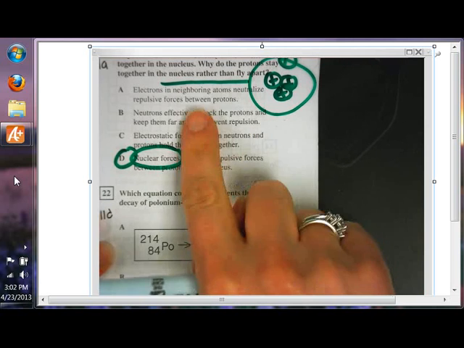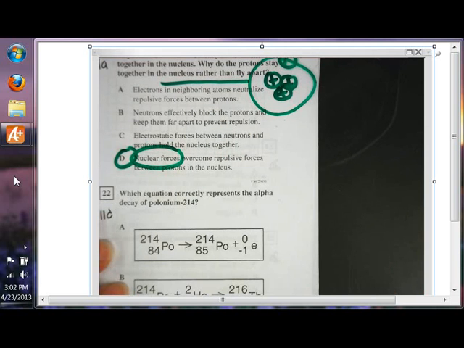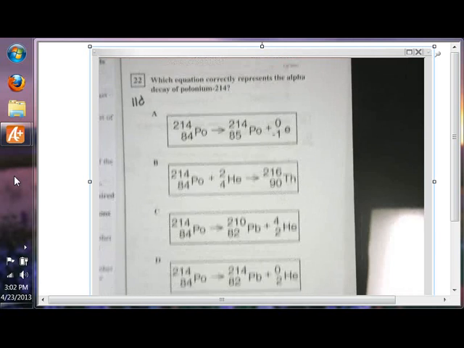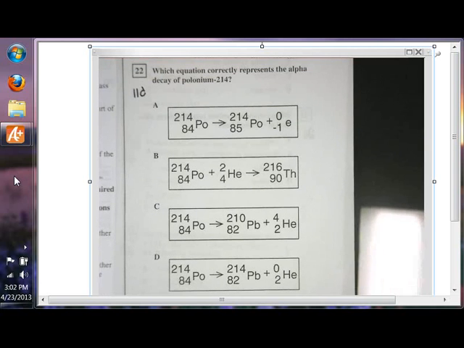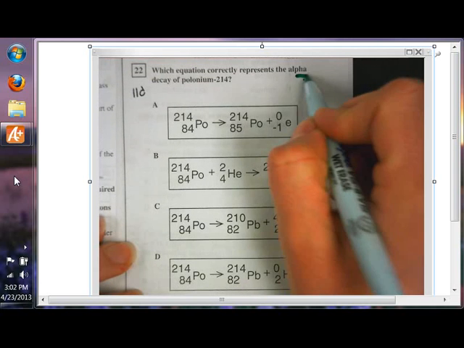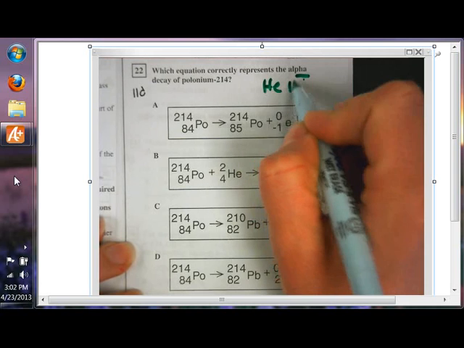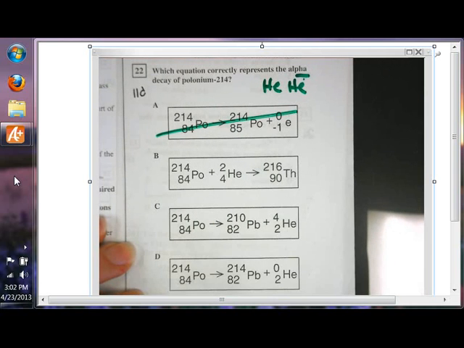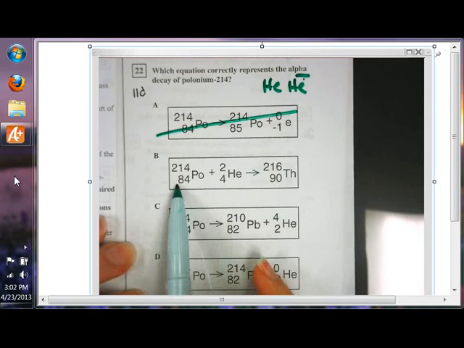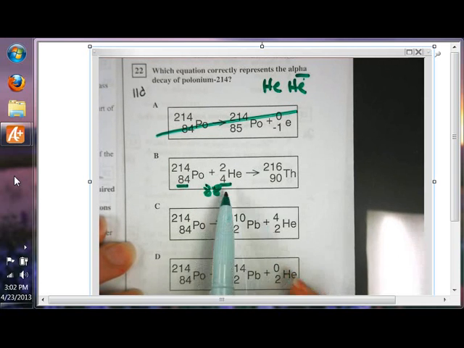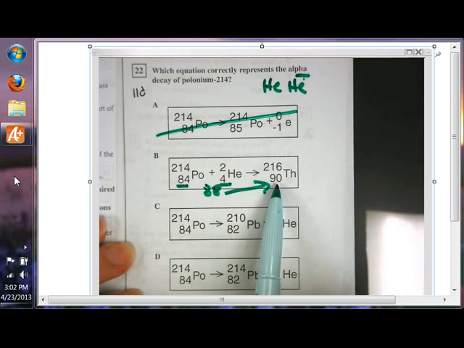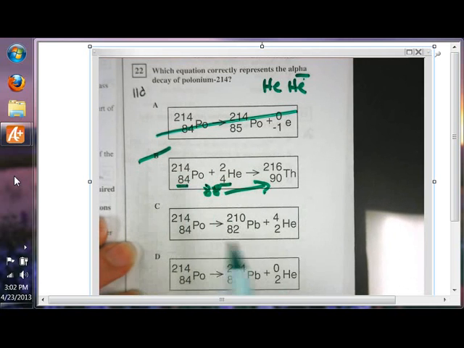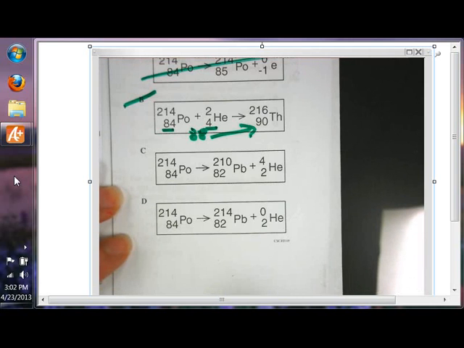Number 22, what we just went over: which one of these is alpha decay? Alpha, ha ha, he, it's a helium atom. A does not have a helium atom, that doesn't work. B, 84 plus 4 is 88. 88 does not equal 90, so it can't be B. So we're left with C and D. Helium is definitely 4,2He.